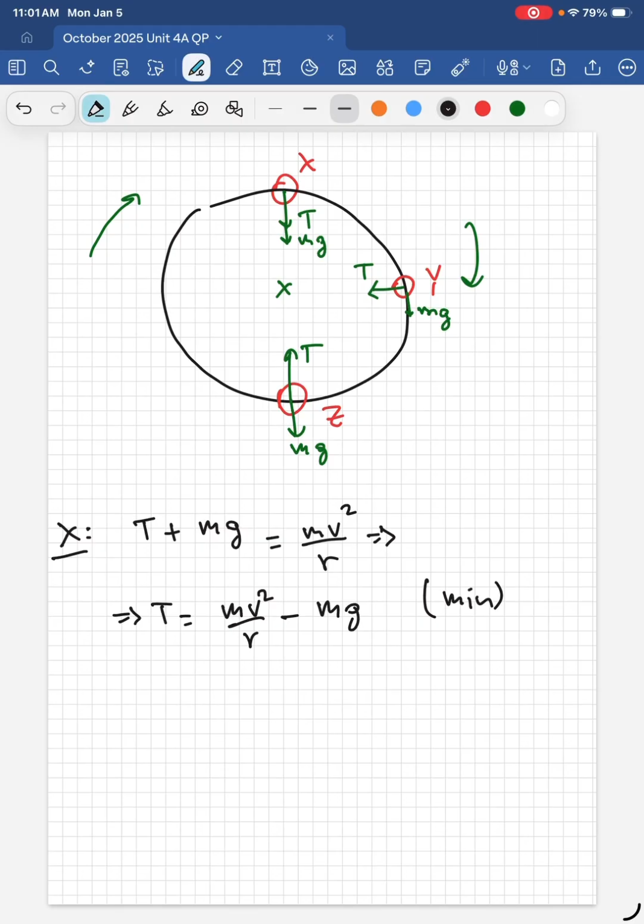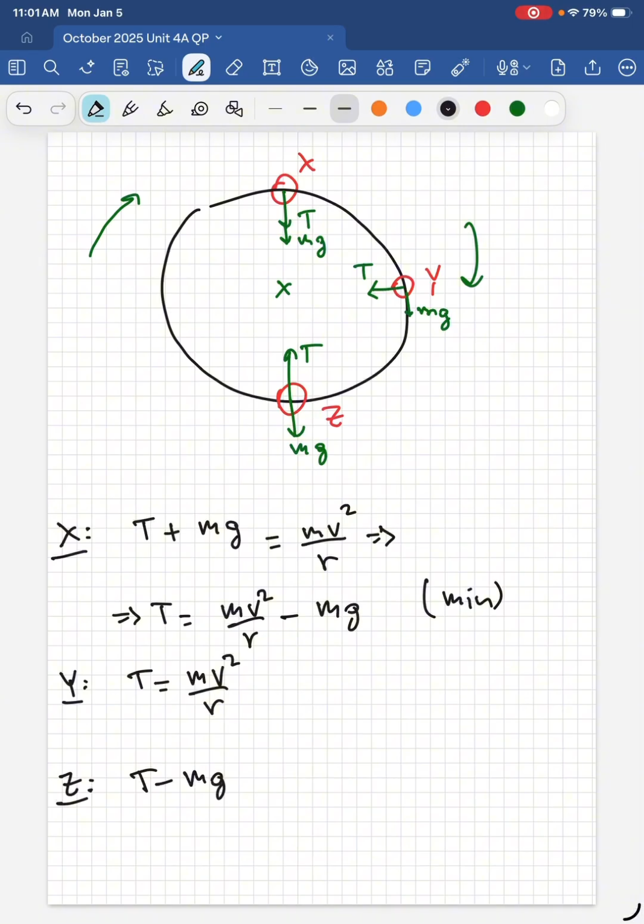And then at position Y, we don't really need it, but for completeness, let's just write that T is mv squared over r, okay? And at point Z, the tension minus mg is equal to mv squared over r. Therefore, the tension is mg plus mv squared over r. Therefore, this is a maximum.